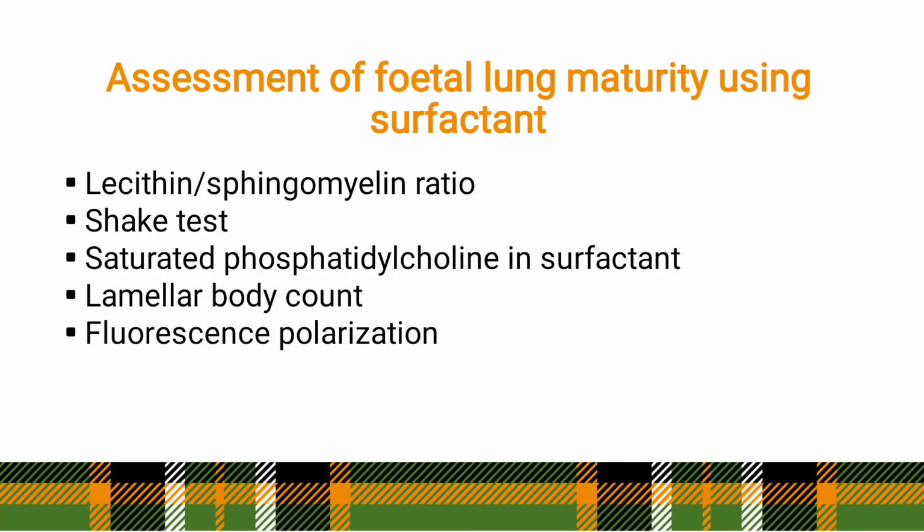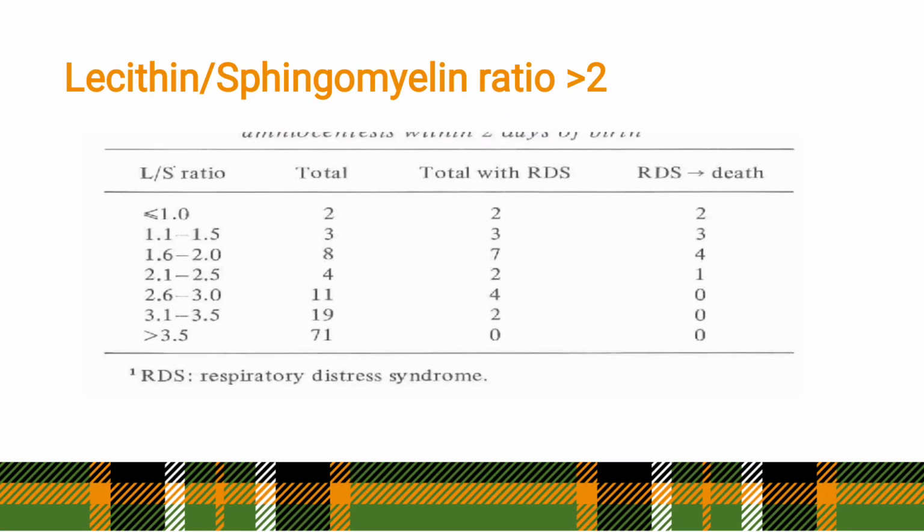For the assessment of lung maturity, we can do these five tests. One is the lecithin sphingomyelin ratio, second is the shake test, third is the saturated phosphatidylcholine in surfactant, fourth is the lamellar body count, and fifth is fluorescence polarization. If the lecithin sphingomyelin ratio is more than or equal to 2, then it indicates lung maturity.